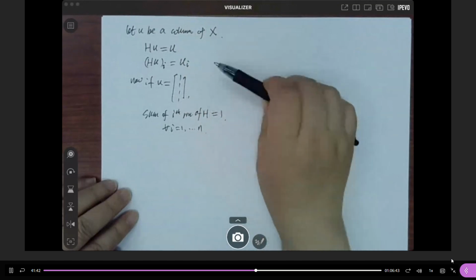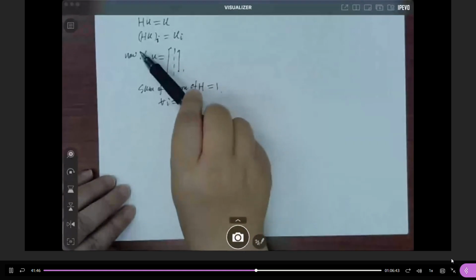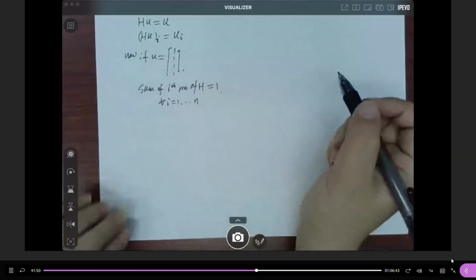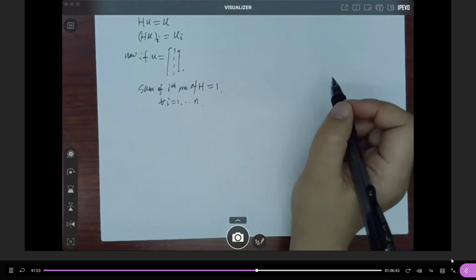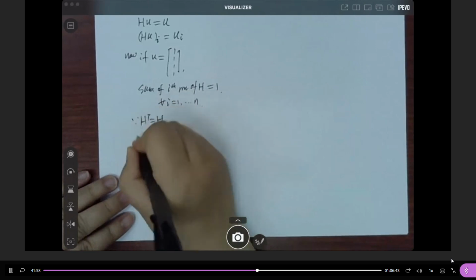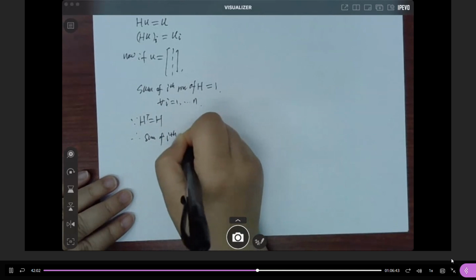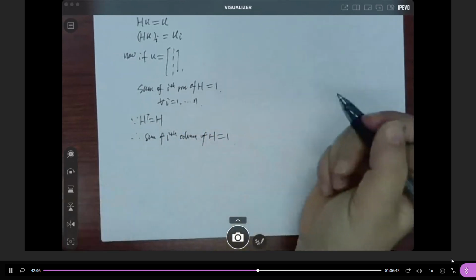Then you make U equal to the first column, and HU for the ith position is just the sum of the ith row of H. All right? Because H is also symmetric, X transpose equals H, therefore the sum of the ith column of H also equals 1.